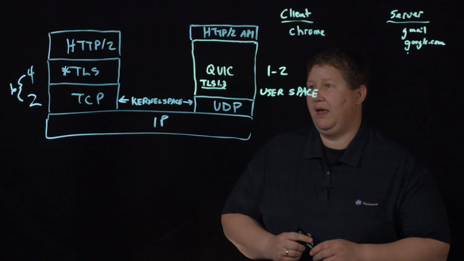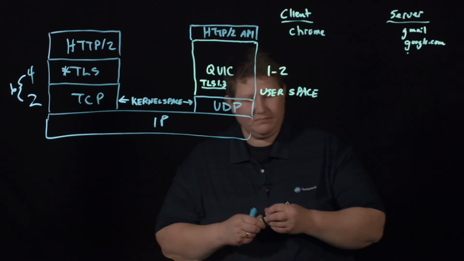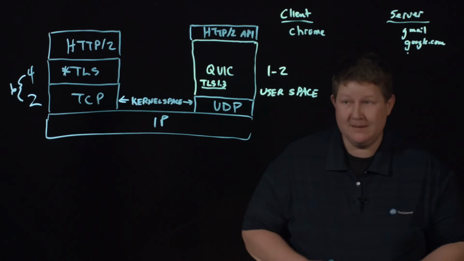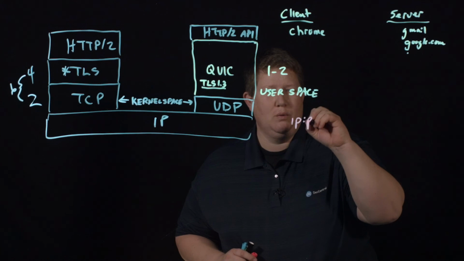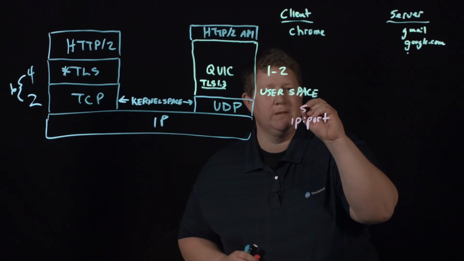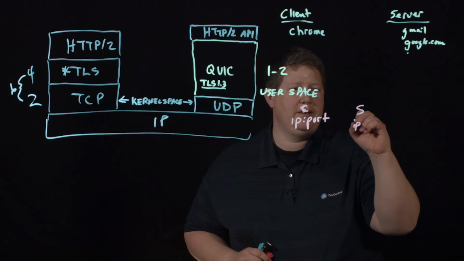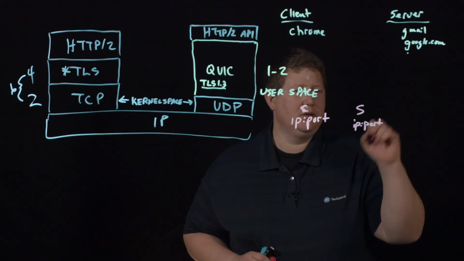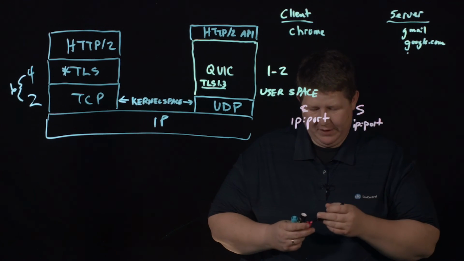The other thing that's interesting about QUIC is connection identity. With TCP-based things, you have your client side IP and port, your server side IP and port, and you build a connection ID out of that information.